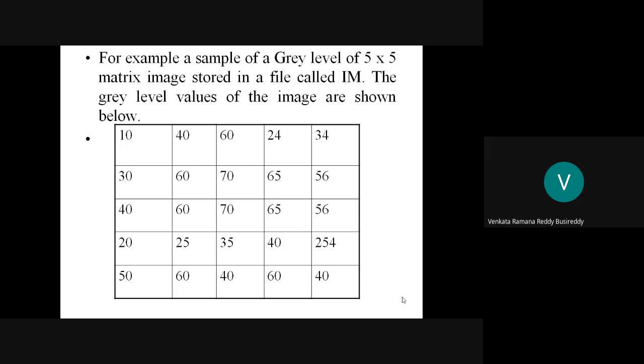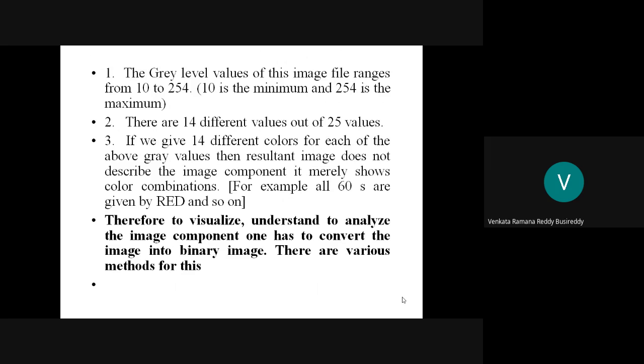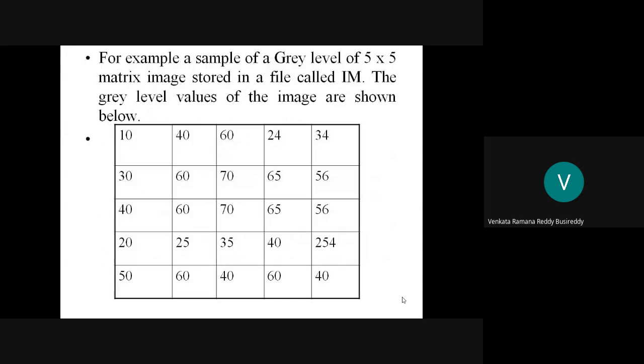Assume the gray level values of that image are like this. These are the values, for example. When I look at it, the maximum value is 254 and the minimum value, I think, is 10.